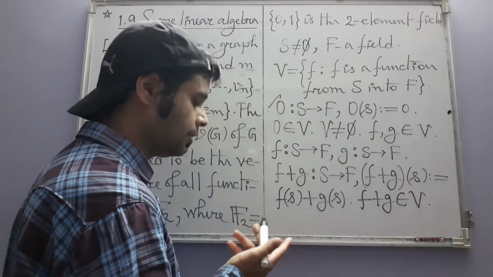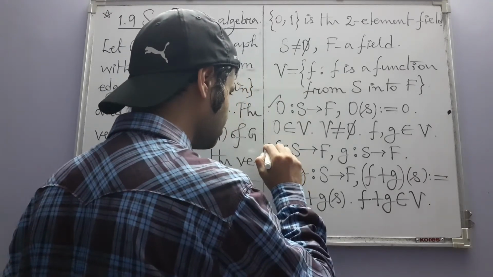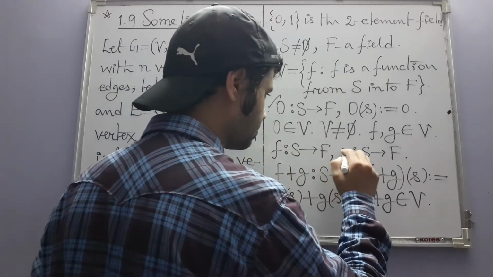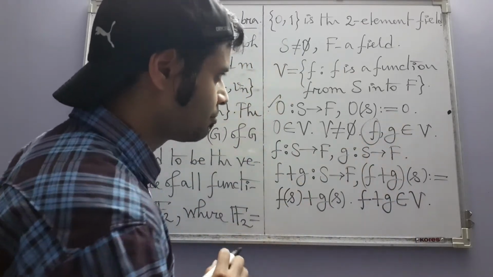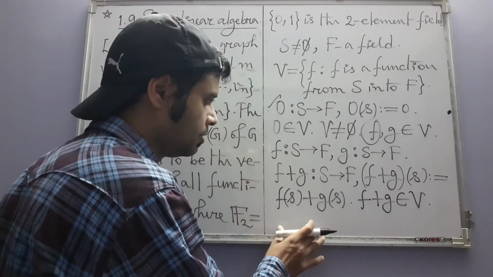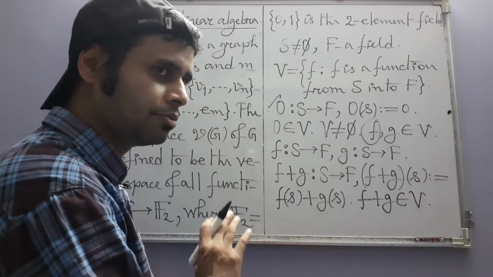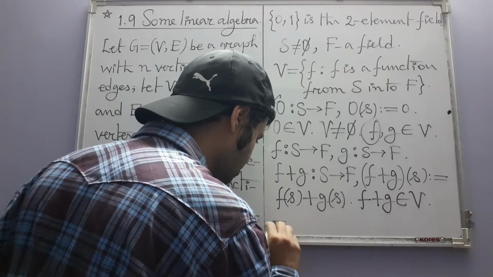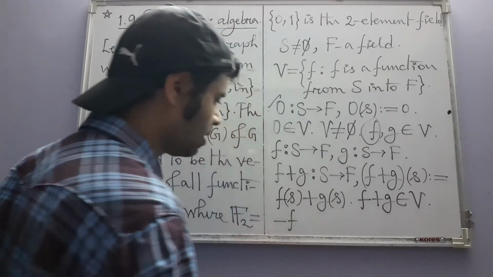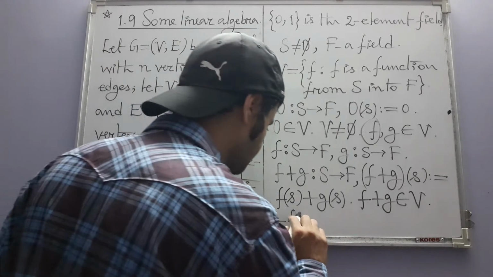What about additive inverse? Say for your f in V, I want to define a function which will act as the additive inverse of f with respect to this operation. I use a symbol like this, minus f.